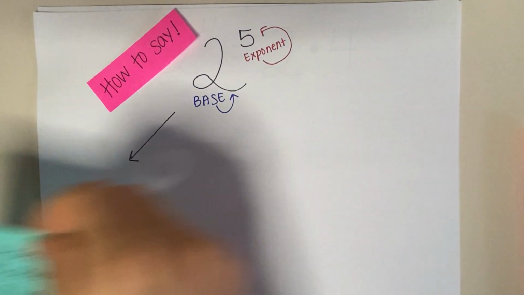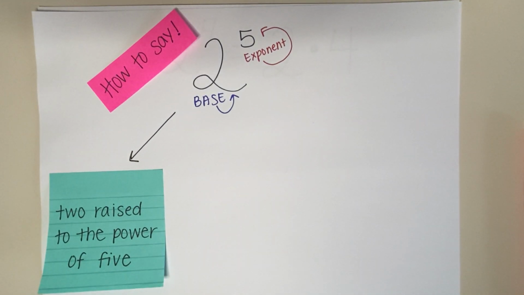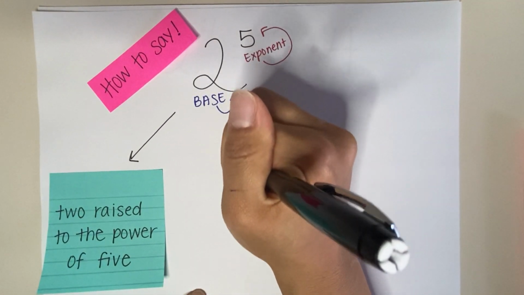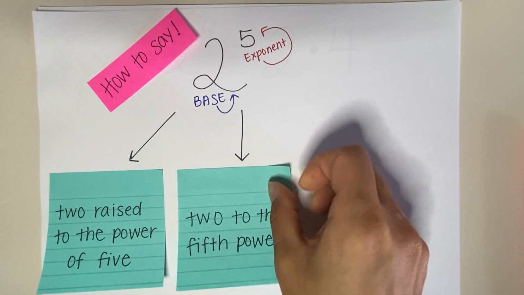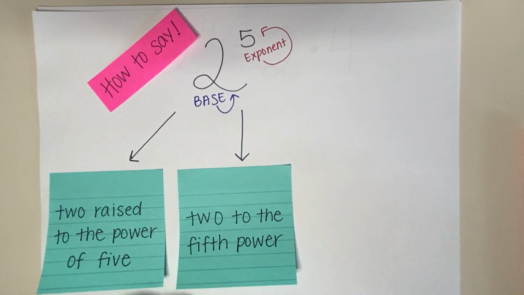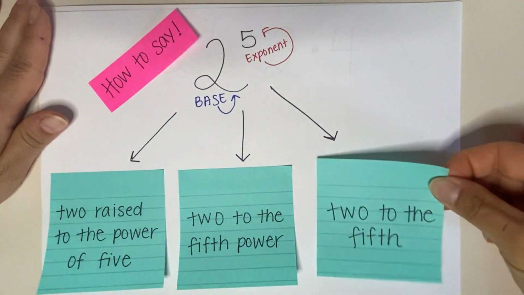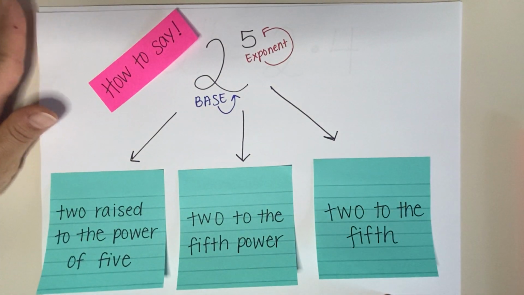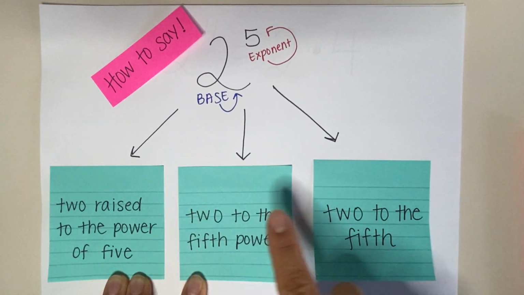You can describe this as 2 raised to the power of 5. You can also say 2 to the 5th power. And another way you can say this is 2 to the 5th. So here are 3 ways you can describe this base and exponent. So you decide which one works best for you. My personal favorite is the middle one.